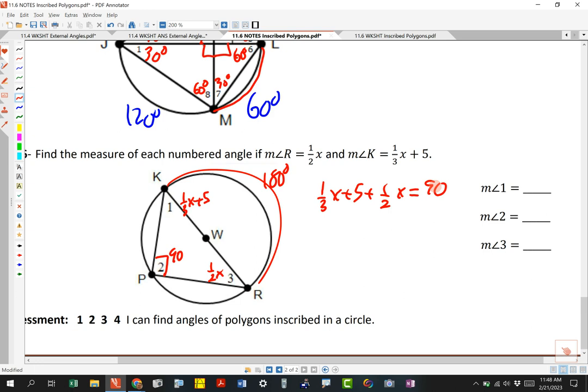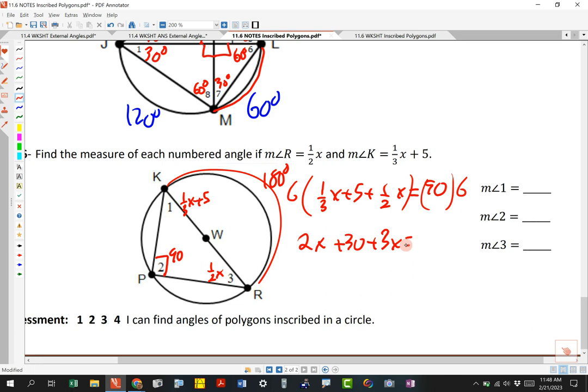Okay? You can solve it with fractions, or could we clear fractions if we want to? What could you multiply by that would cancel off a 3 and a 2? 6. We're going to clear the fractions by multiplying both sides by 6. So here's what happens. It cancels here. We get a 2x. We get plus 30.